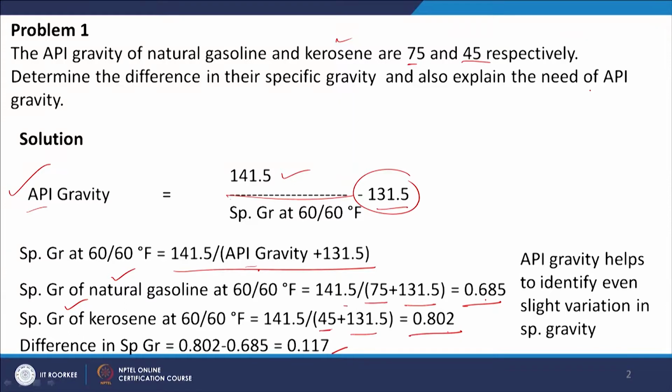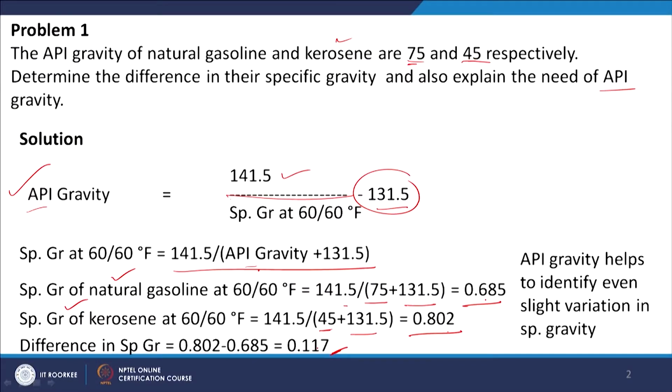Now, the last part is what is the need of API gravity. We have the specific gravity definition, so what is the use of API gravity? You see the difference in API gravity is 30, 75 minus 45, for a very small difference in specific gravity, 0.117. If there is some other liquid fuel in between, say 0.07 away, this difference will also be less.